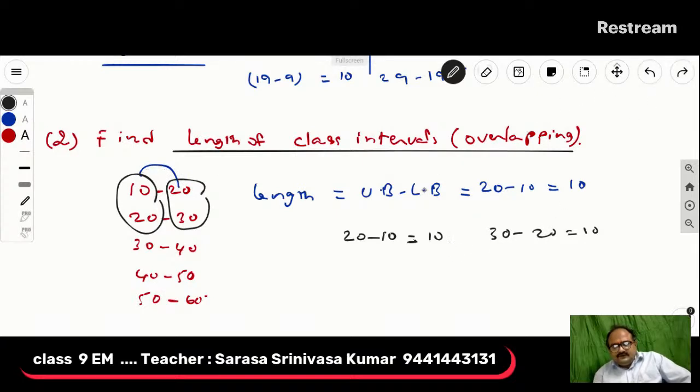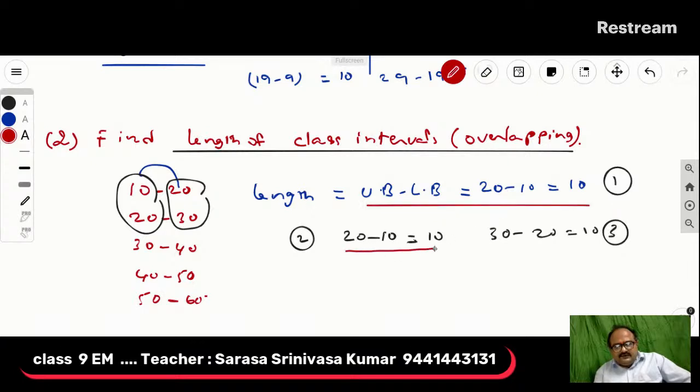So you can take any one of the three methods. The first calculation is upper boundary minus lower boundary.